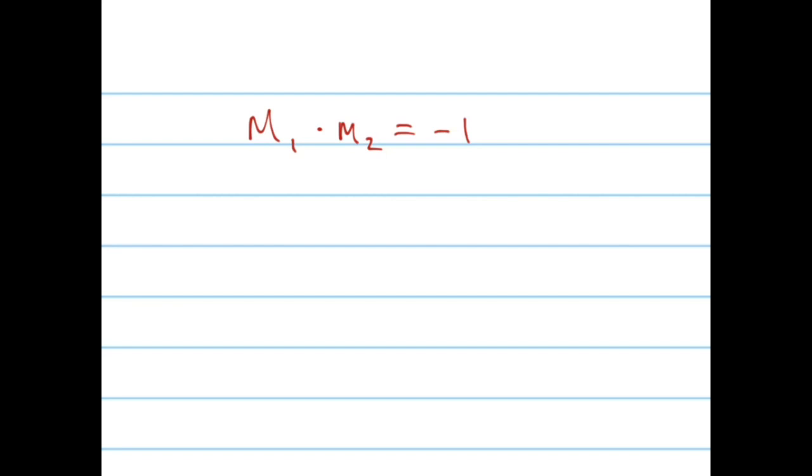Another way of putting that is if we divide both sides by m2, we get the slope of one line is the opposite reciprocal of the other slope. Opposite reciprocal, you flip them and make it the opposite. So if it's negative, you make it positive. If it's positive, you make it negative.